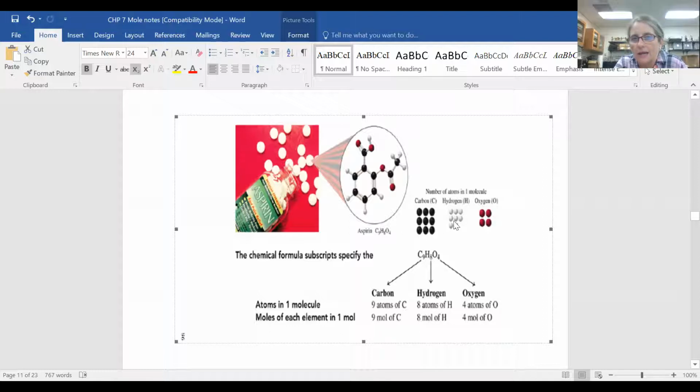How many black, how many white, how many red spheres do you have? We could take one of these molecules and break it down into how many atoms we have of each, but also realize that on the macro scale, it's 9 moles of carbon, 8 moles of hydrogen, 4 moles of oxygen. For this calculation, we're focused on the atoms. So we're going down to the particle pictures, and you will start to see us have you draw a couple particle pictures with this as well.